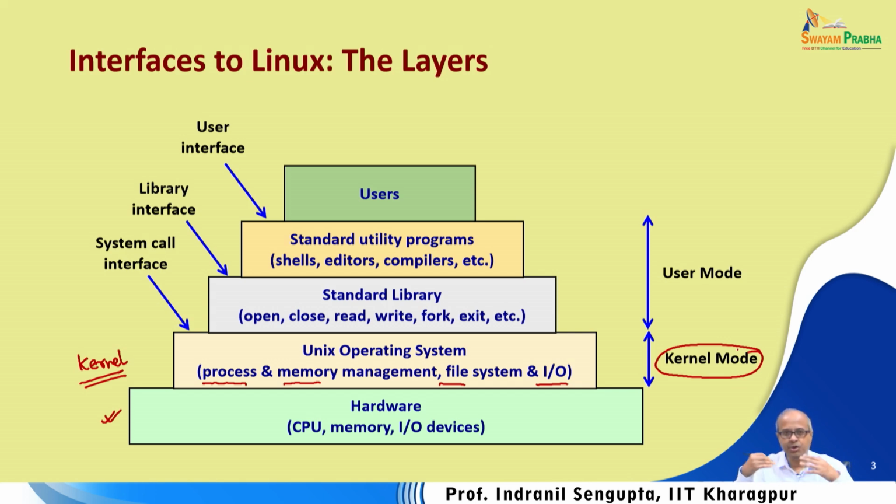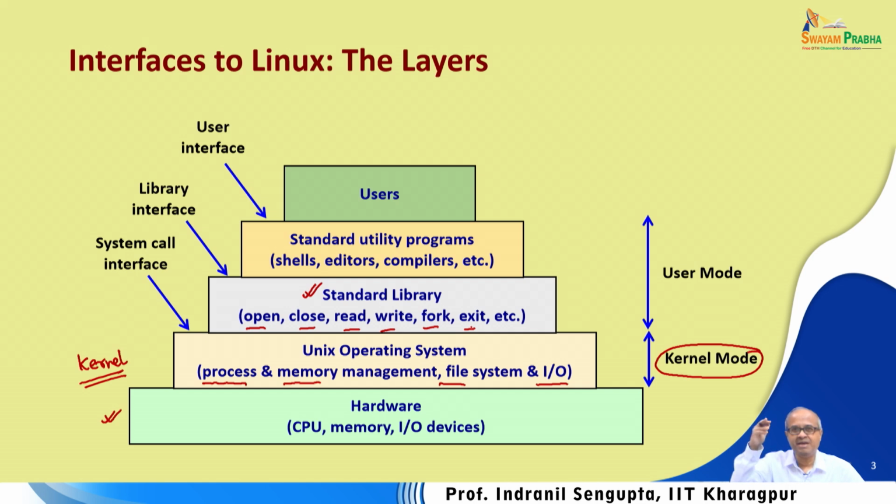But on top of this kernel or this basic layer, you have the standard system libraries which any program can access or use. Typically these libraries include calls like open, close, read, write for file system, fork, exit for managing processes, and so on.